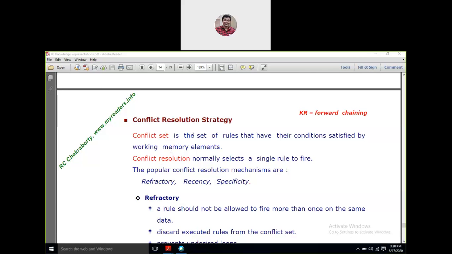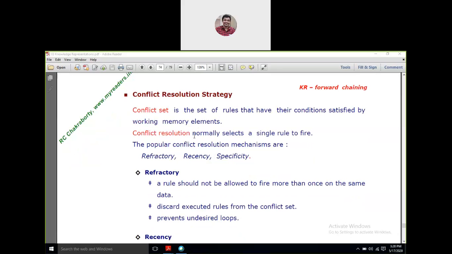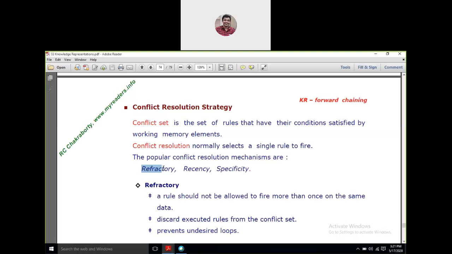Our conflict resolution strategy has three parts, or three ways by which conflicts can be resolved in these kinds of conflicting situations while dealing with forward and backward chaining. What are they? They are refractoriness, recency, and specificity. What do I mean by refractoriness? That means stubbornness, sticking to a particular place. Recency means how recent anything is, and specificity is how specific things are.